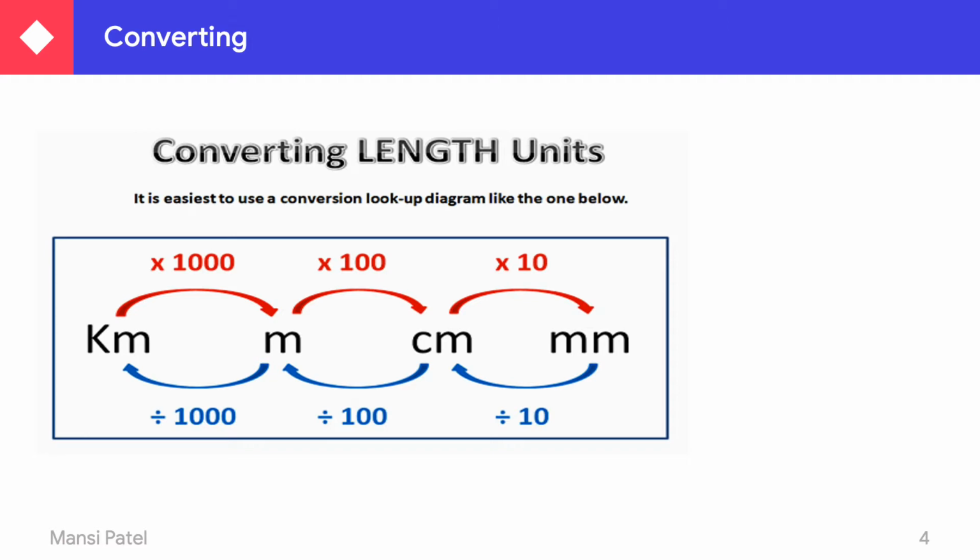And when you convert meter into kilometer, you divide by 1000. So we know that 1 kilometer is equal to 1000 meter and 1 meter is equal to 100 centimeter.